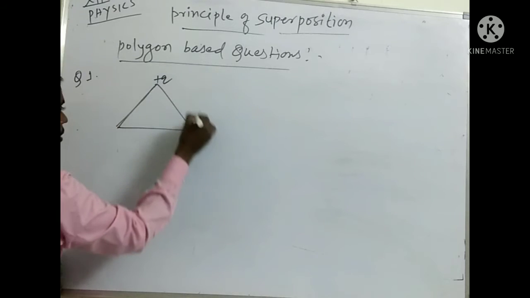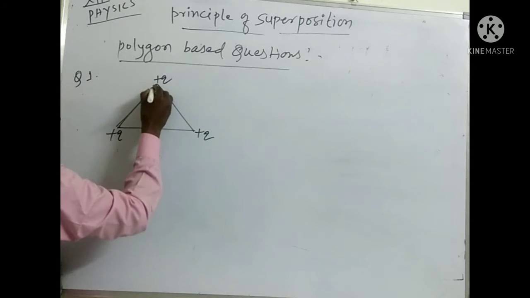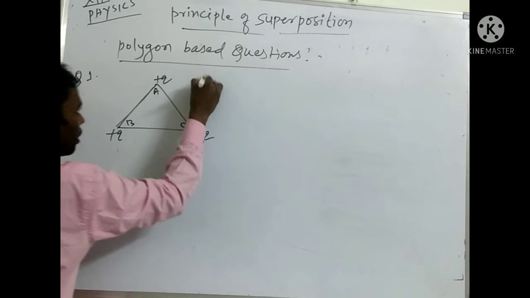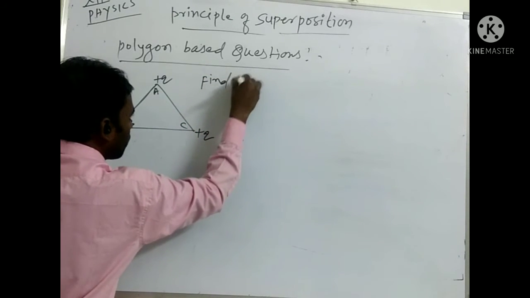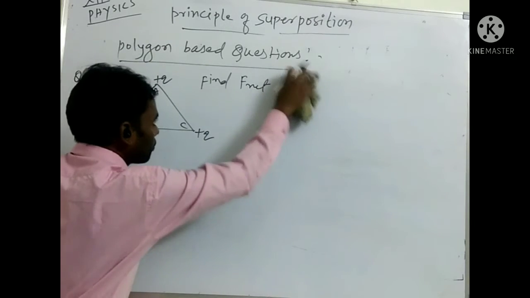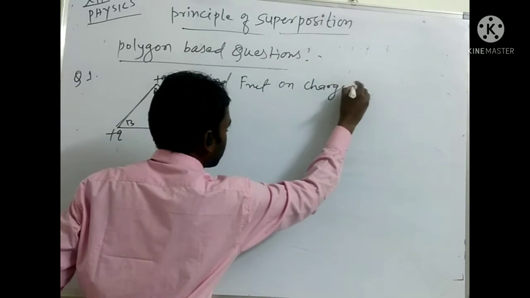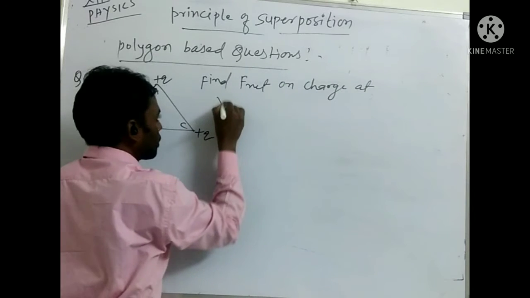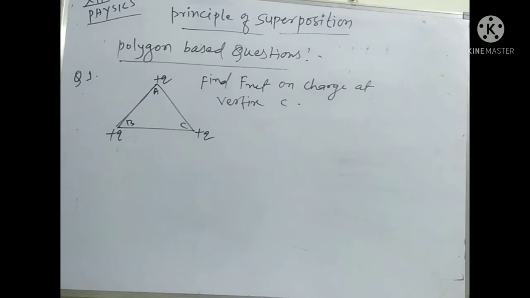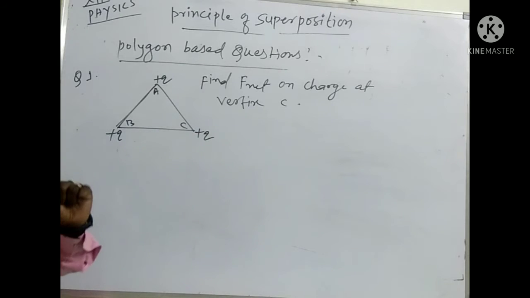Here is a plus q charge, here is a plus q charge, here also a plus q charge, and name the vertices A, B, C. Find the net force on the charge at vertex C.